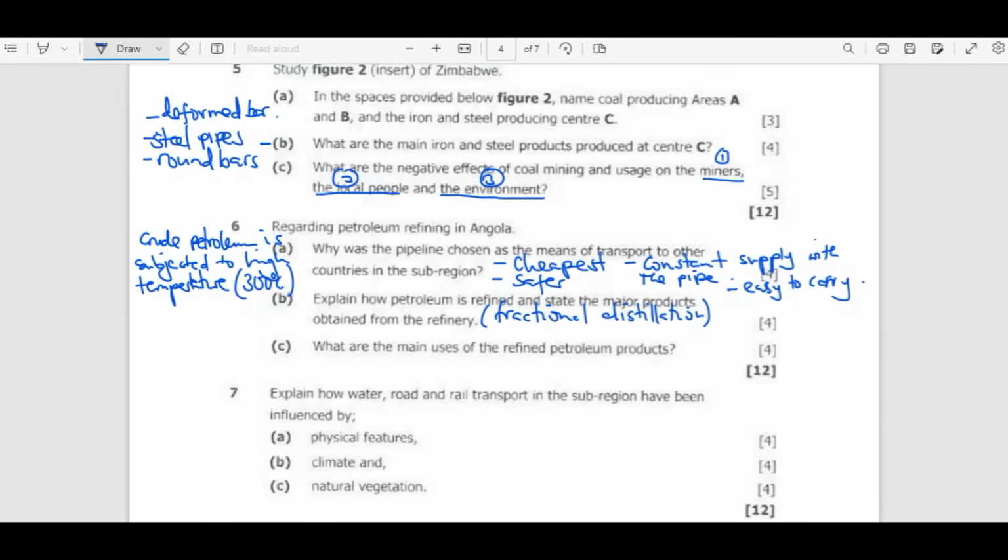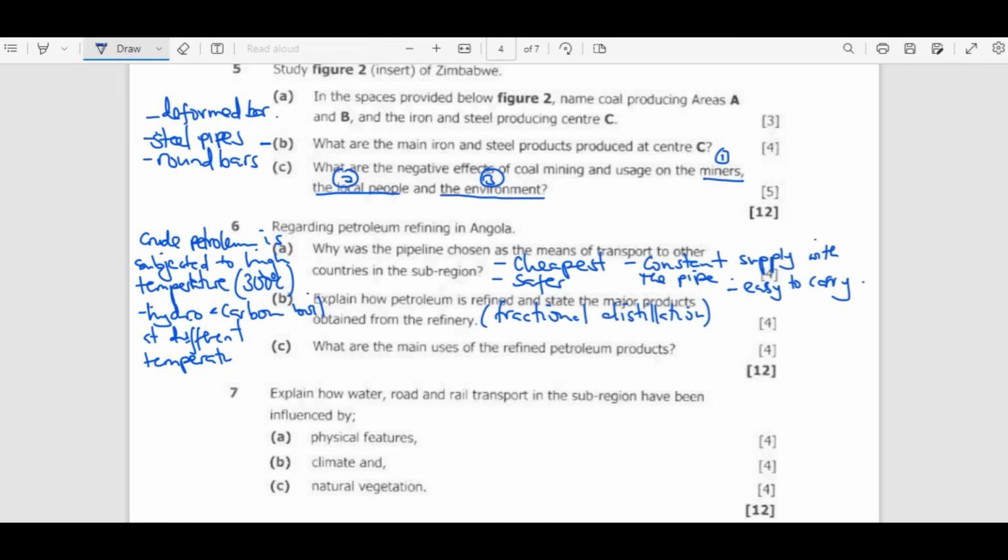And then apart from that, various hydrocarbons boil at different temperatures.